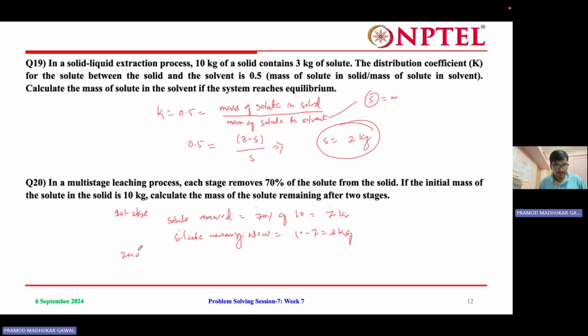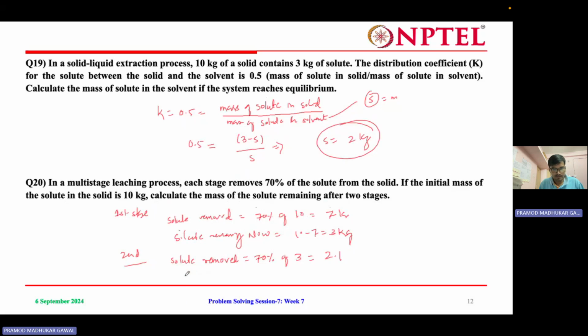In the second stage, the solute removed is 70% of 3, which is 2.1.